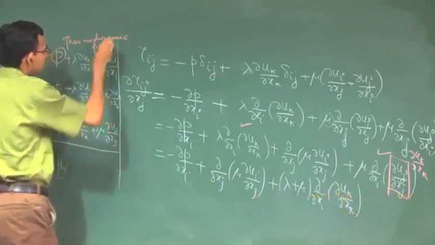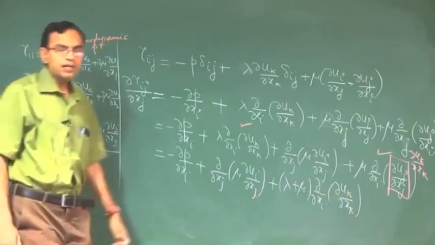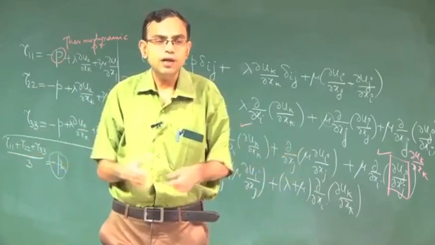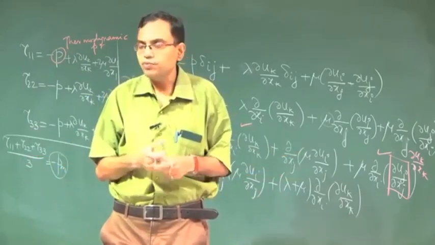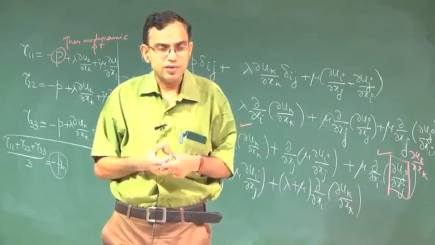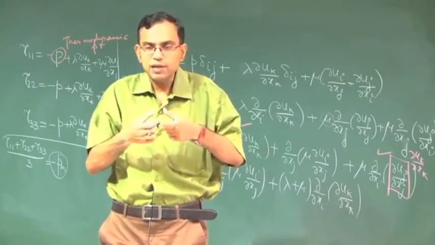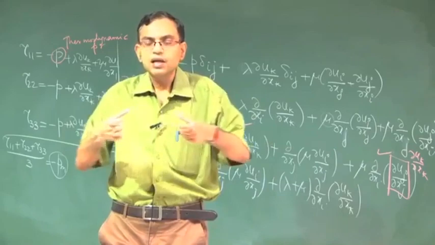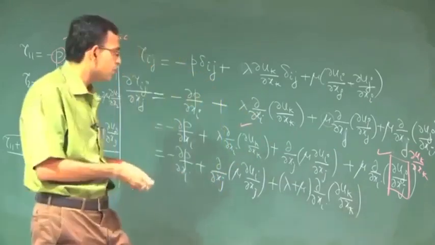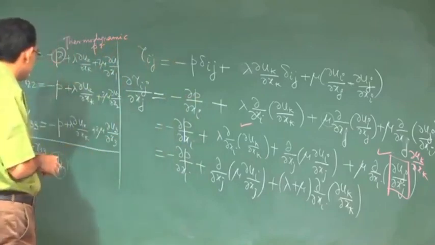What is the difference? The thermodynamic pressure will have all possible degrees of freedom of molecules embedded within it: rotational, translational, vibrational, etc. And the mechanical pressure is a manifestation of all these eventually converted into translational degrees of freedom. That is the basic difference.